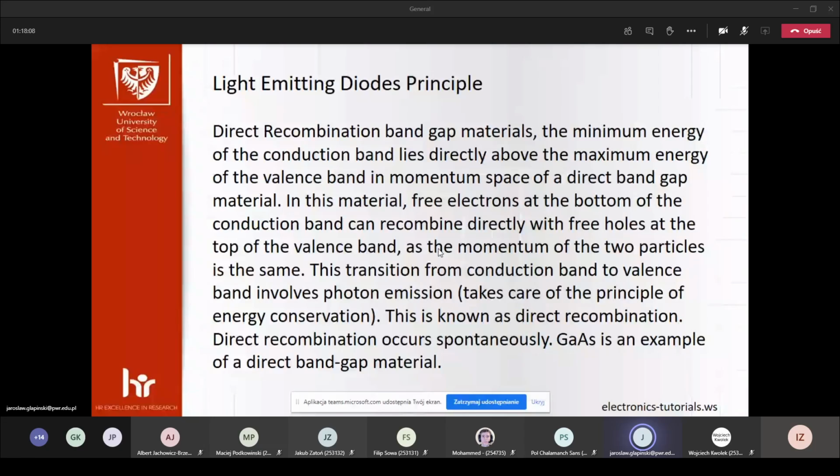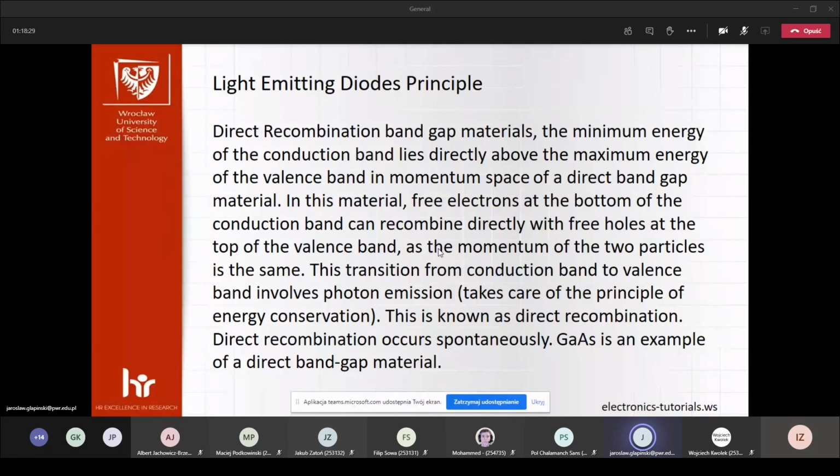This is the minimum energy of the conduction band, which lies directly above the maximum energy of the valence band in momentum space in direct band gap materials. This means that the band energy is equal to the energy for these substances.